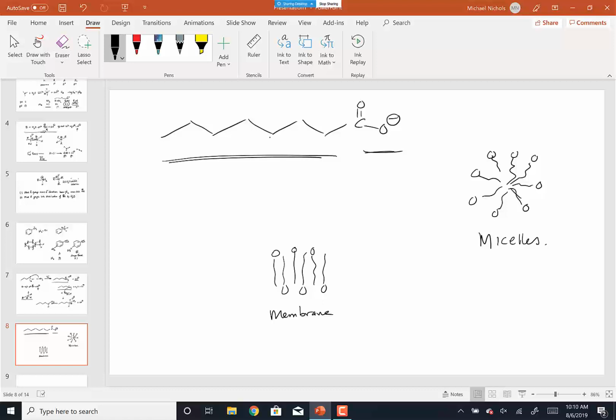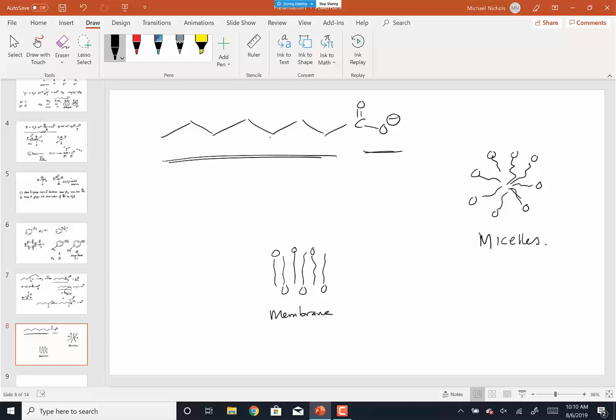So using these hydrophilic, hydrophobic molecules can be done to make a membrane, or it can be done to make a micelle. The micelle part is actually useful in laundry detergents, because if you have grease and nonpolar stuff on your clothes, what's going to happen?